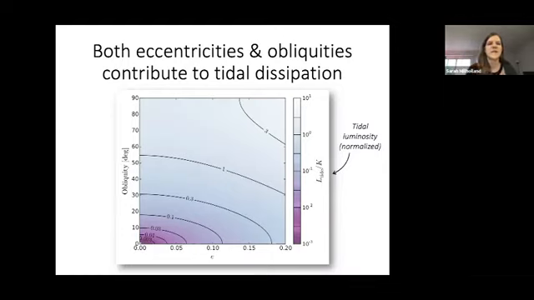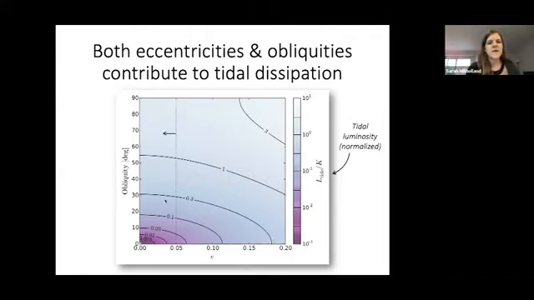And here's a look at this in two dimensions, where I'm plotting the normalized tidal luminosity as a function of obliquity and eccentricity. I mentioned earlier that these Kepler multi-planet systems generally have fairly low eccentricities.